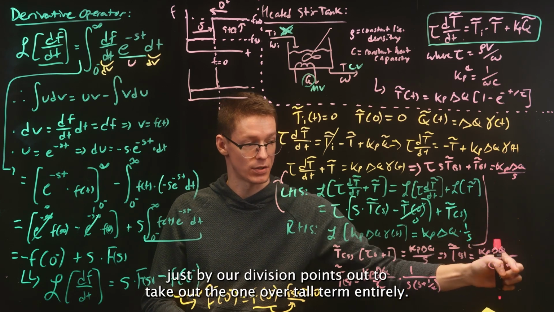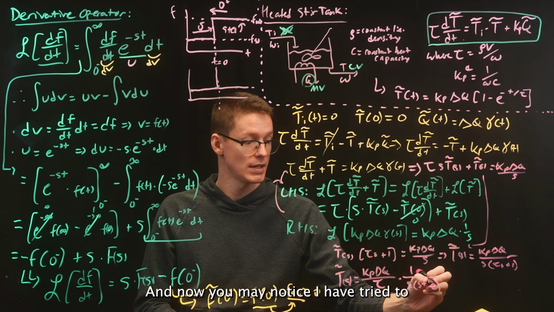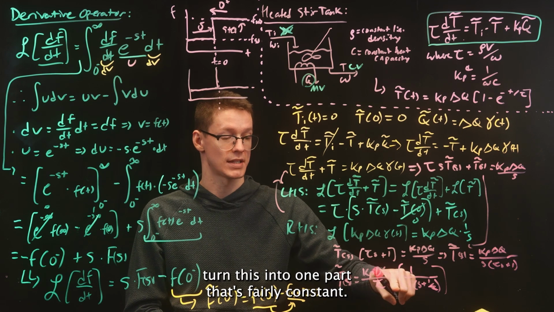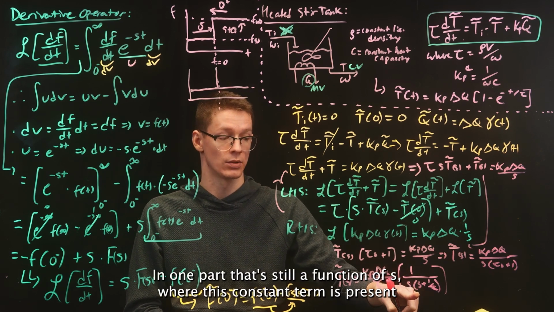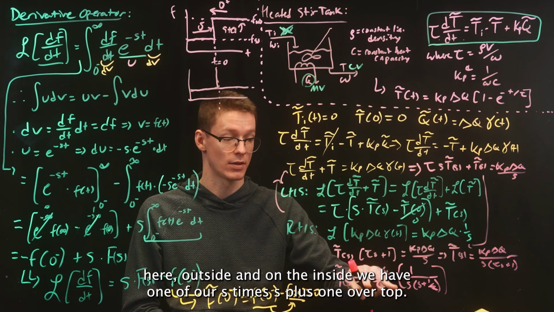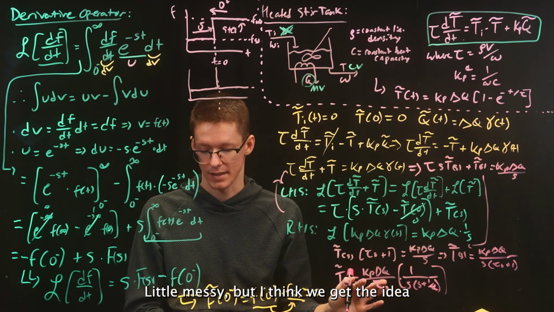Our division takes out the 1 over tau term entirely. You may notice I have tried to turn these into one part that's fully constant and one part that's still a function of s, where the constant term is present outside, and on the inside we have 1 over s times (s plus 1 over tau). A little messy, but I think we get the idea.